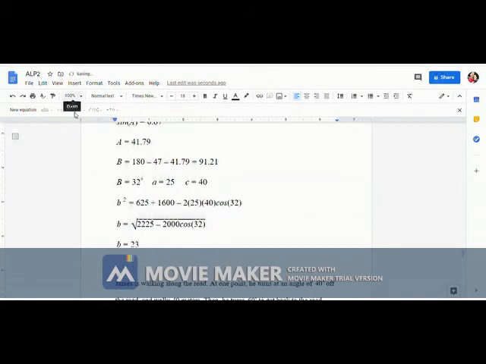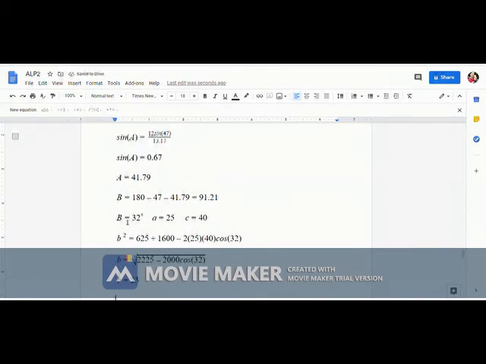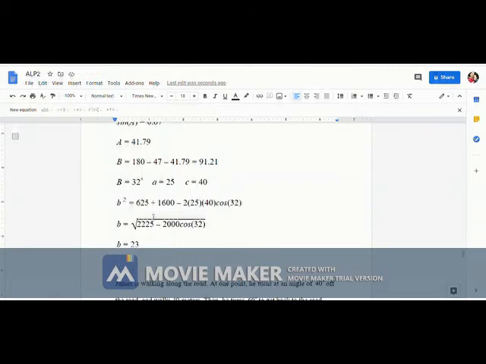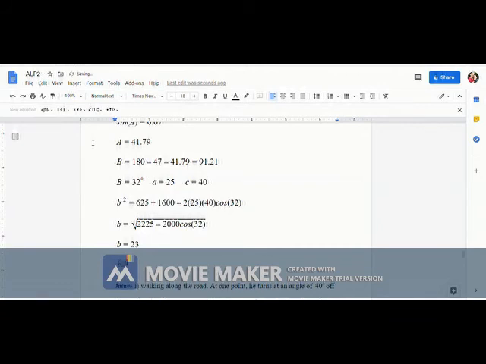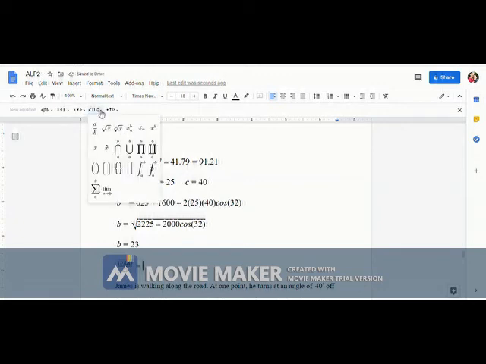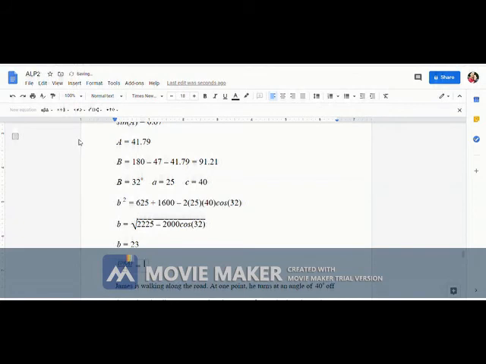Alright, and now we have angle B, side B, and sides A and C, so we need angles A and C. So we'll go for angle A: sine A over 25 equals sine 32 over 23.